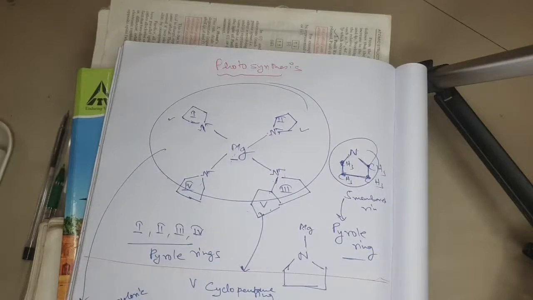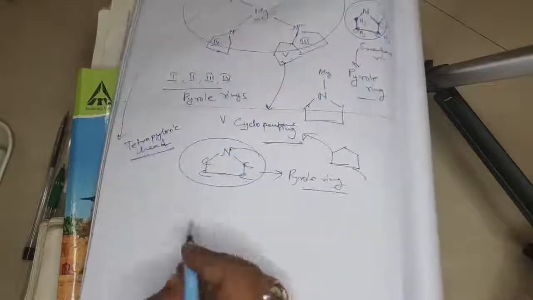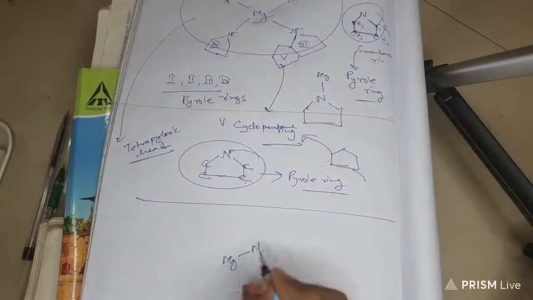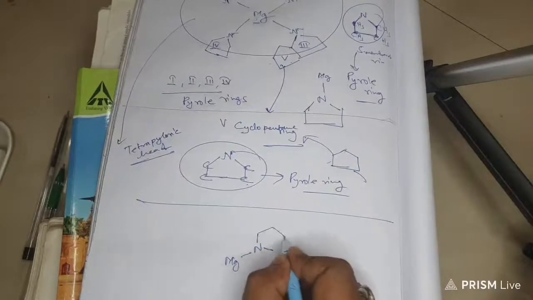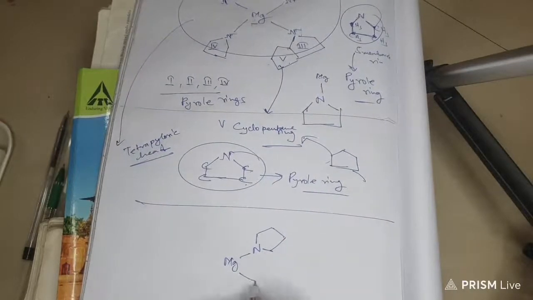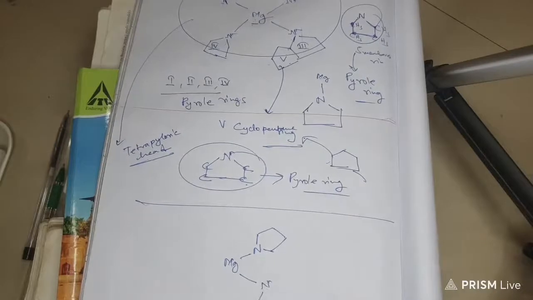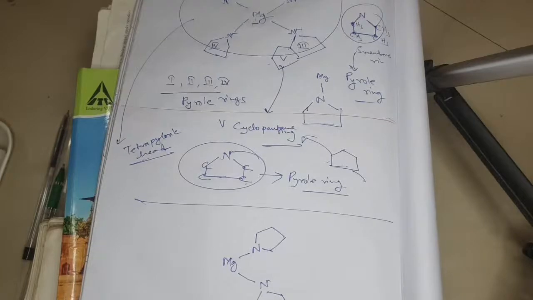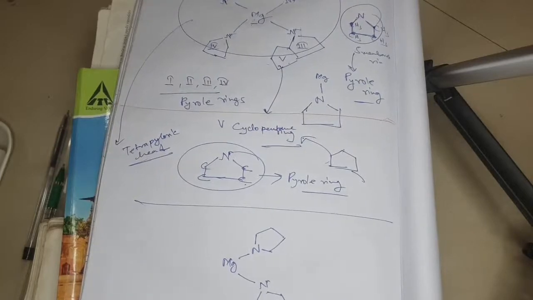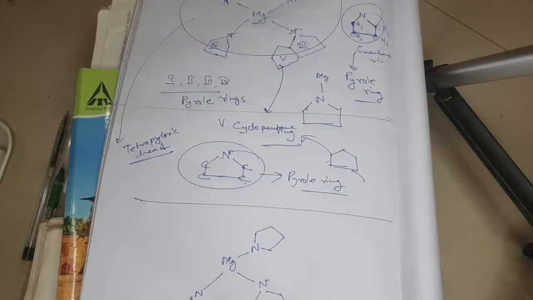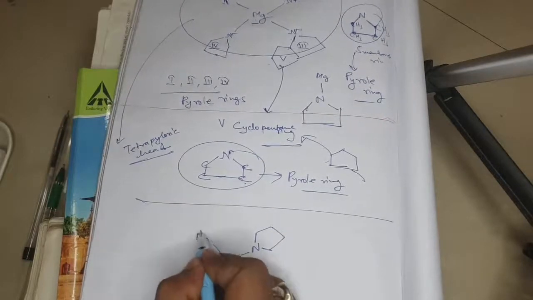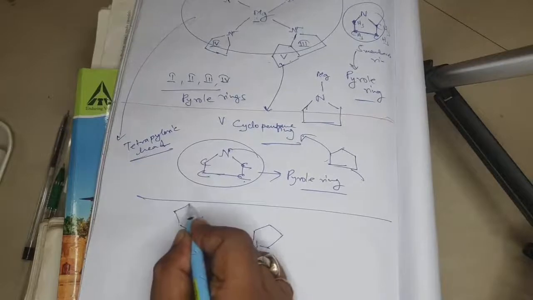And with this tetrapyrrolic head, if I again draw it like this, Mg, N, N, and this is the 5th ring, which is the cyclopentane ring, here another pyrrole ring, and here another pyrrole ring is there.